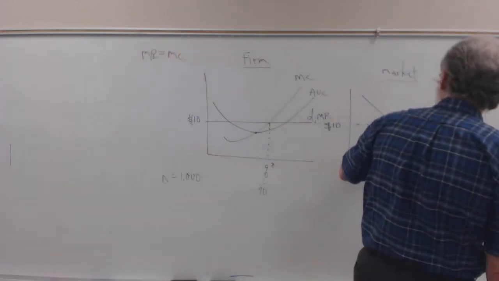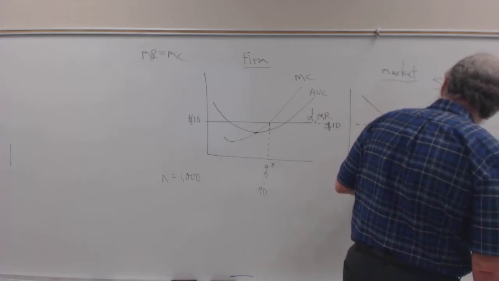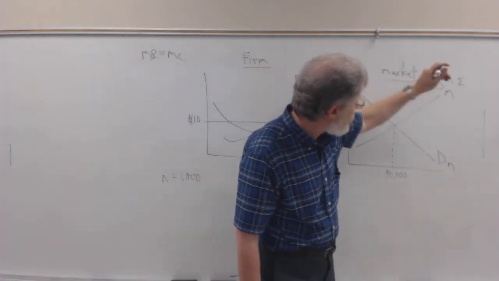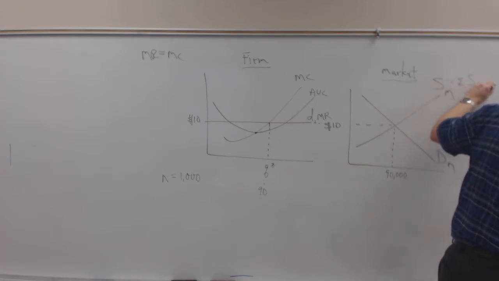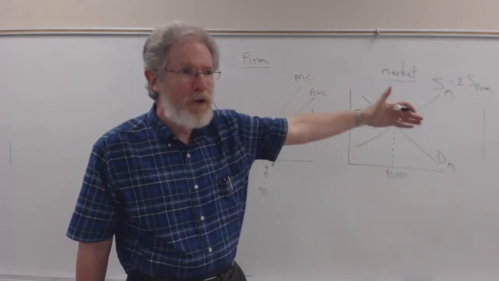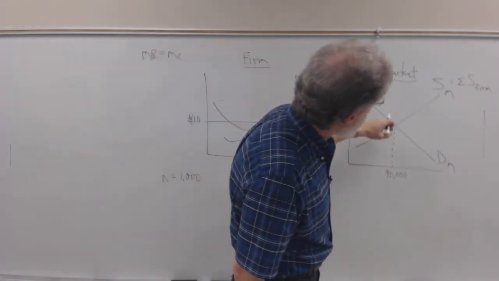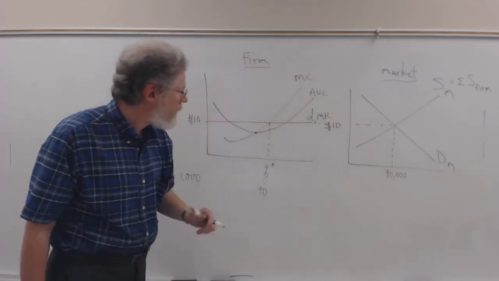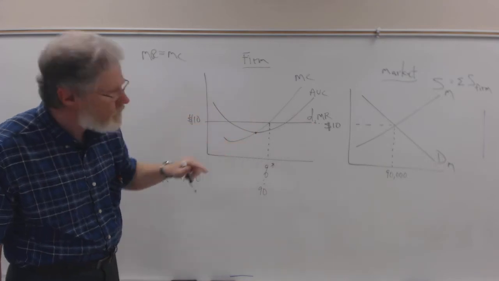So in total, the amount supplied by these firms is going to be 90,000. And this market supply curve is the summation of all the individual firm supply curves. So you look at firm 1, firm 2, all of them, add the quantities together for each price, and it gives you that market supply curve. The price is determined here. Each firm takes that price as a given and decides how much to produce.